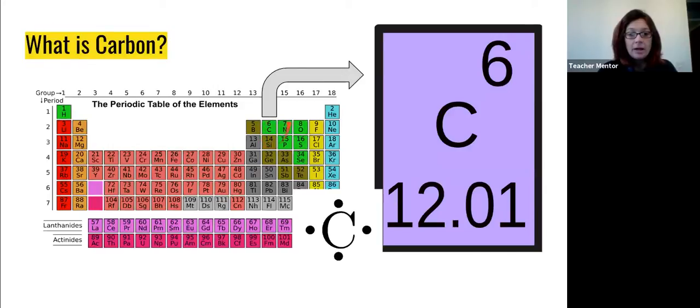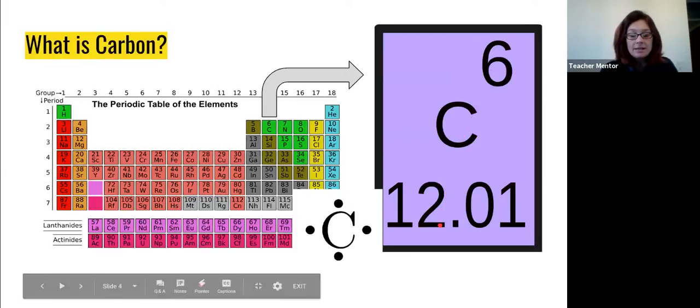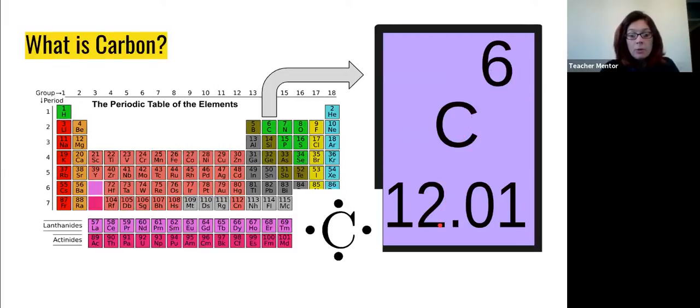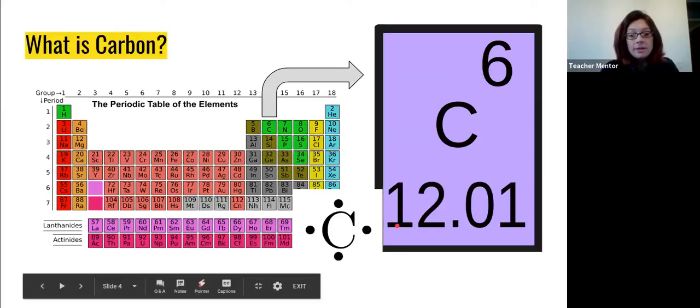Blowing up that block of the periodic table, we can see that the symbol for carbon is a capital C. The atomic number for carbon is 6, and the atomic mass is 12.01. From this information we can also say that carbon has 4 valence electrons.